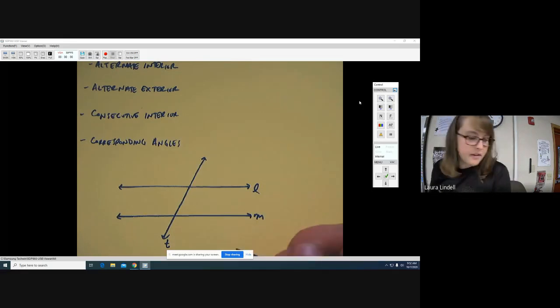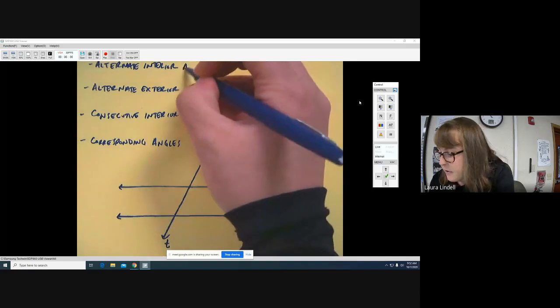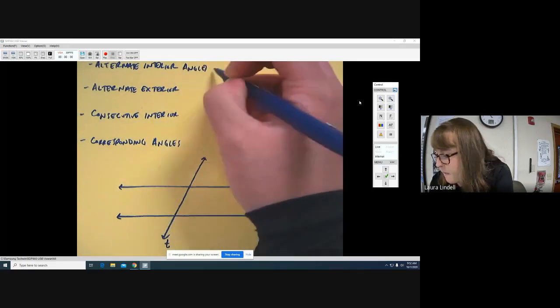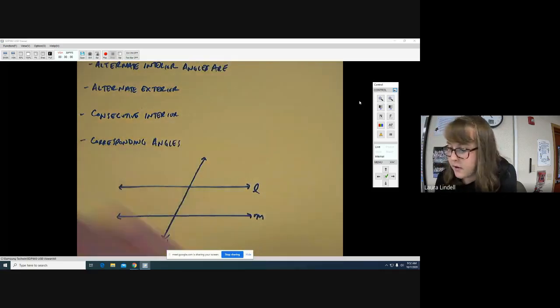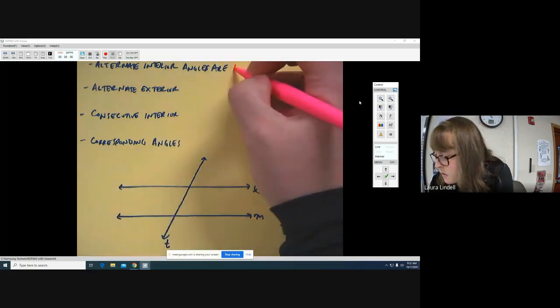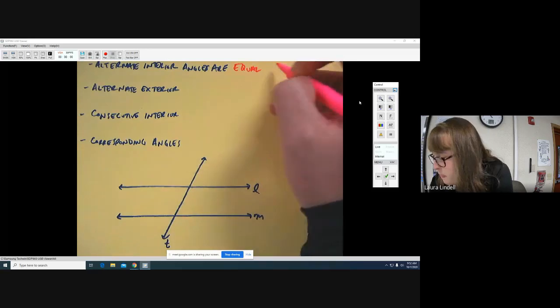So the convenient things that happen are that alternate interior angles are equal to each other. Or congruent.